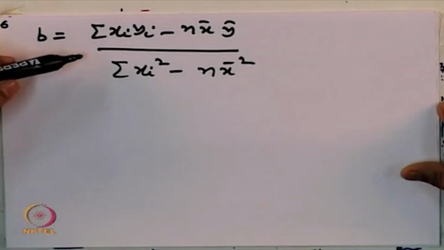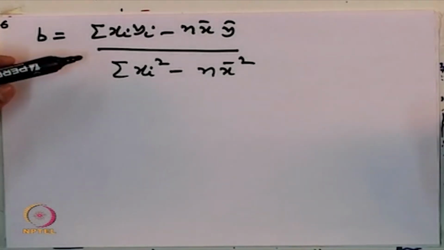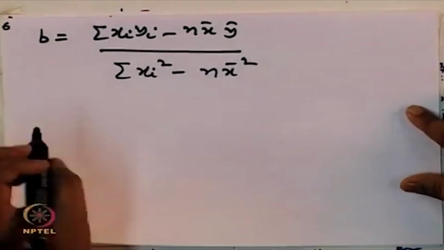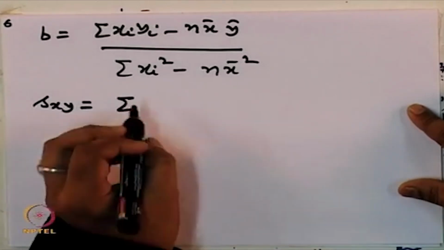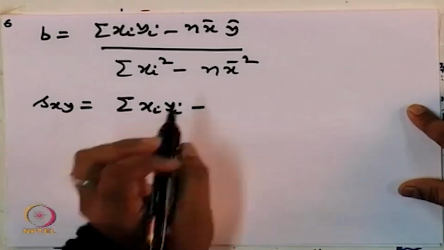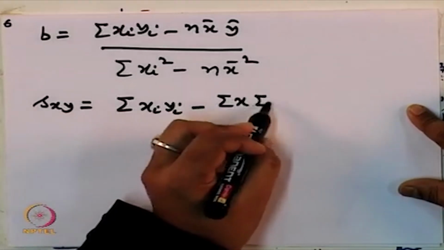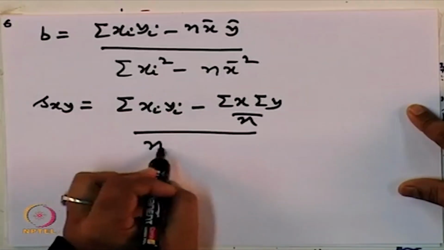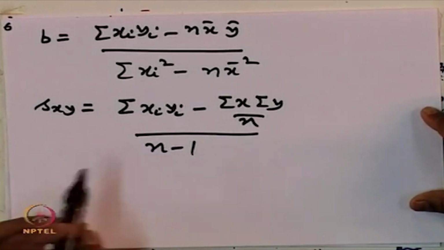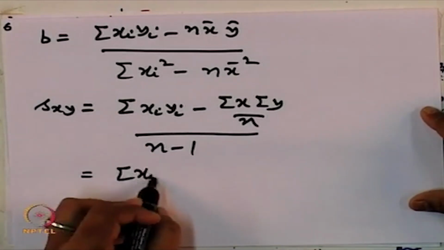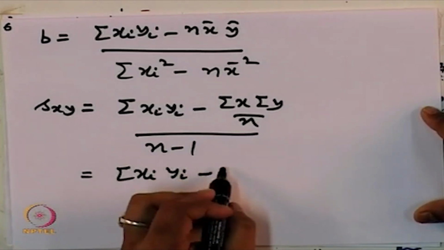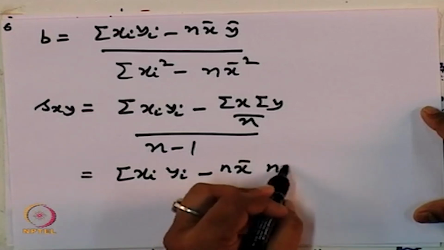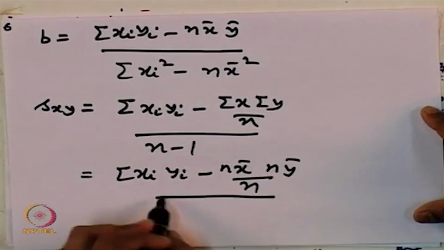Now, can I compare it with some of the definitions of covariance or correlation coefficient? So, let me write down the expression for covariance that we determined. S x y is equal to summation xi yi minus summation x summation y by n, whole divided by n minus 1. Okay. So, you can clearly see, so I can rewrite this equation. So, I can write summation x as n x bar, summation y as n y bar, and by n minus 1.